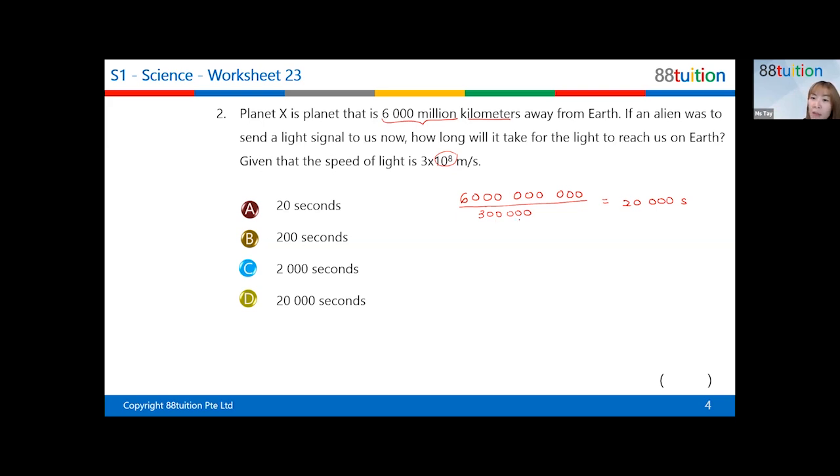Is it because of the meters and kilometer? Yes, that's right. If he is actually converting this to kilometers right now, that's why you get only 50 here. If you want to convert everything to meter, can also.